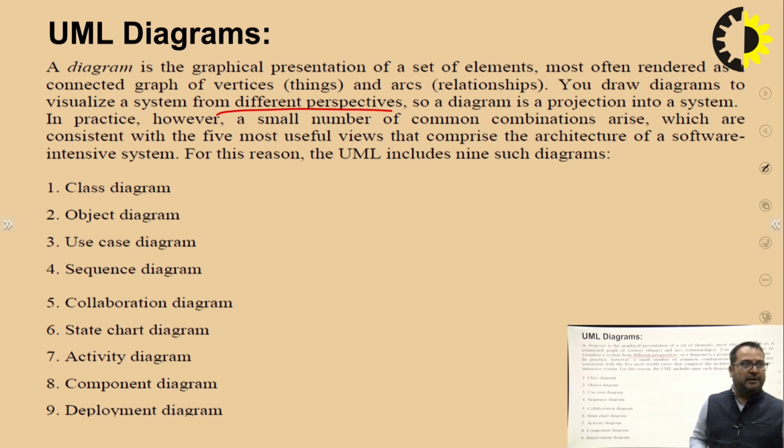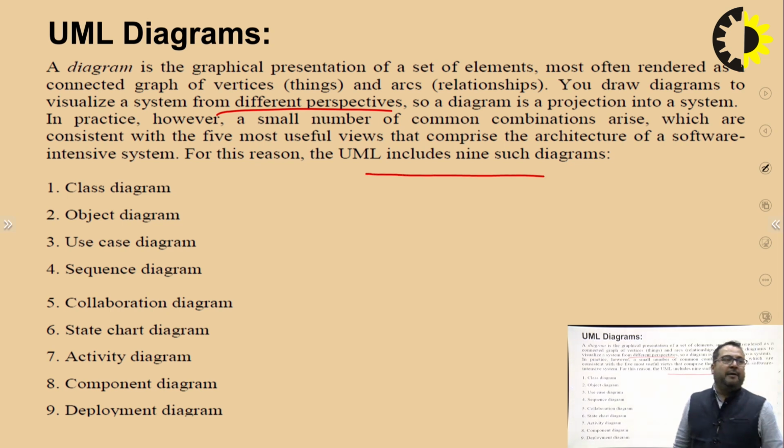In practice, a small number of common combinations arises which are consistent with the 5 most useful views that comprise the architecture of a software-intensive system. For this reason the UML includes 9 such diagrams, and out of these 9 diagrams we would have everything required in the modeling process.